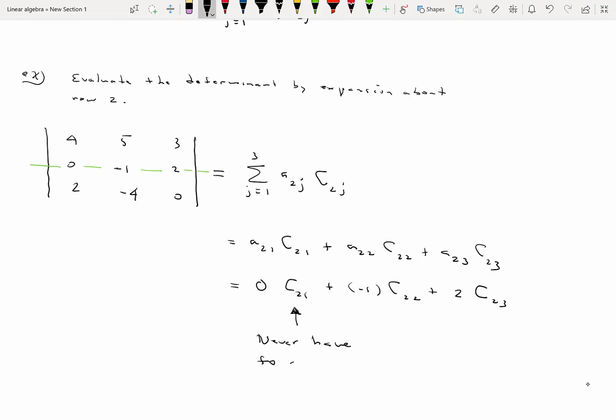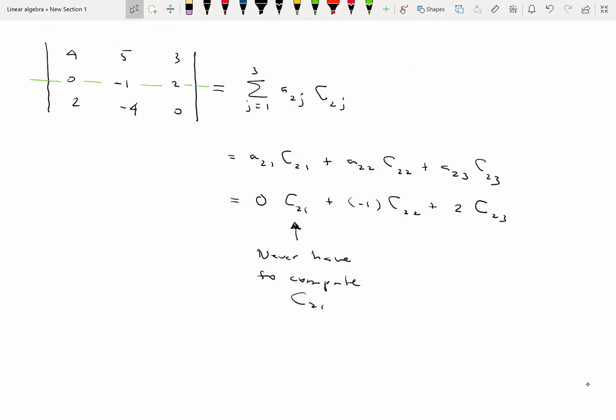And we get that fact because we're expanding about row 2, which includes that 0 entry. That's an important thing I just said. I chose the second row because it had a 0 entry in it, which means that there would be a cofactor and ultimately a determinant of a minor that I would never have to compute.